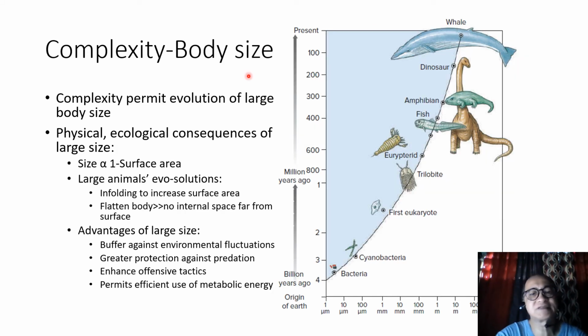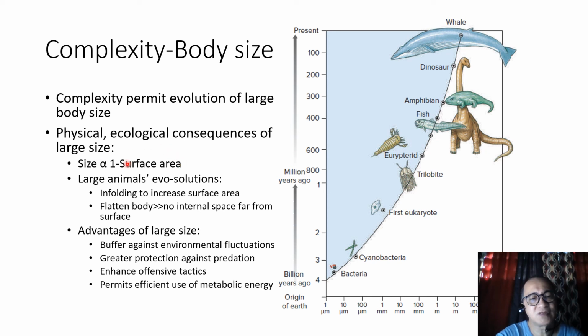Most complex grades of animals, those having tissues and organ systems, permit or to some extent promote evolution of large body size. This large body size, however, has physical and ecological consequences. For example, size is inversely proportionate to surface area.